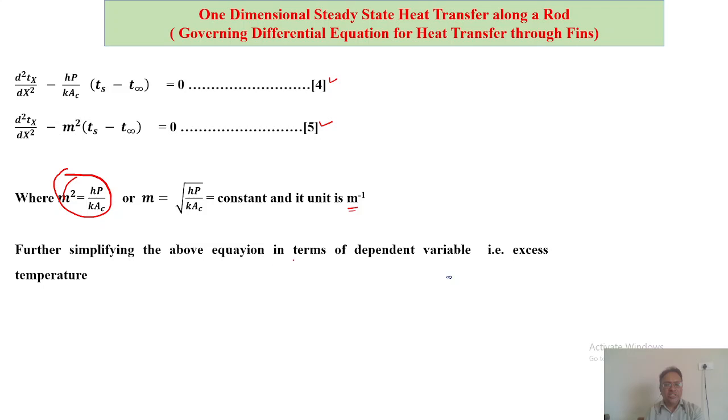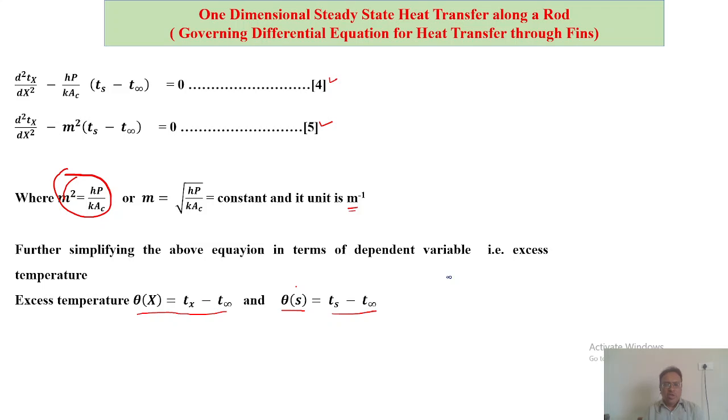How is this excess temperature defined? If I want to define the excess temperature for variation of temperature in the x direction, it will be theta x, and it can be given as Tx minus T infinity, where Tx is the temperature of the fin at any distance x and T infinity is the surrounding temperature. Similarly, I want to show the excess temperature for the surface temperature. Ts minus T infinity can be represented as theta s.